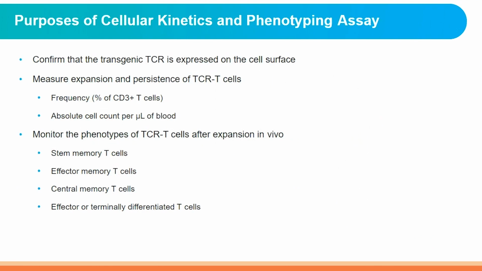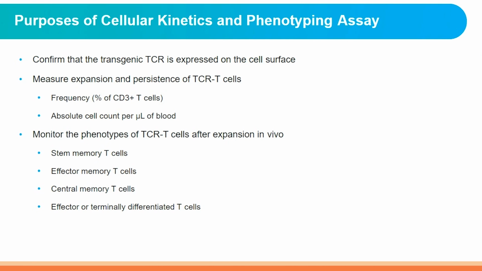Now we can see the purpose of cellular kinetic and phenotyping assays are really to confirm the transgenic TCR is expressed on the cell surface, which cannot be verified by PCR assays, to measure expansion and persistency of TCR T cells in terms of frequency. For example, the percentage of parent CD3 T cells, the absolute cell count per microliter blood.